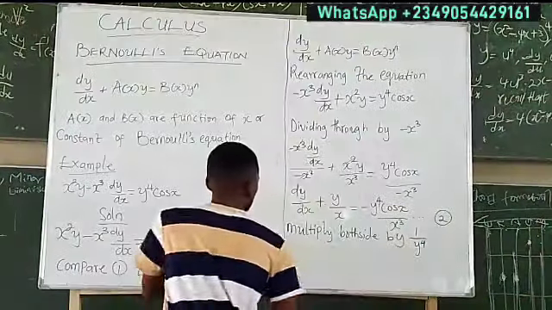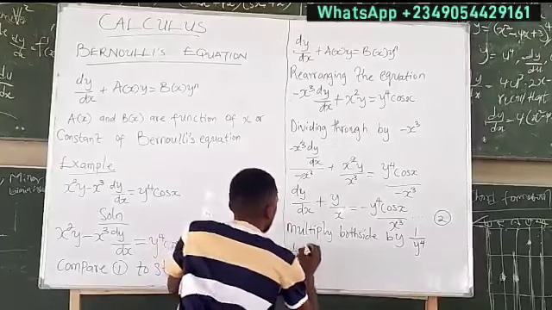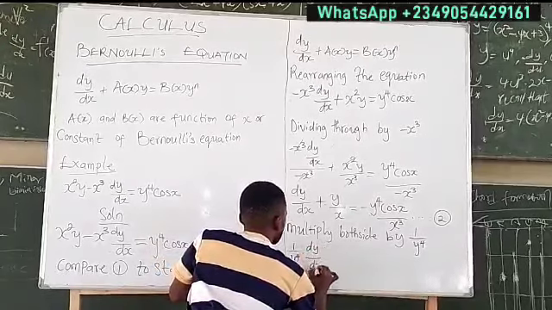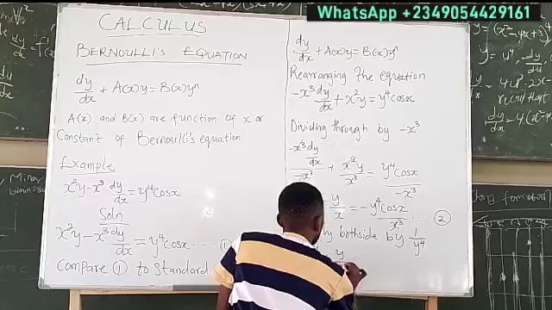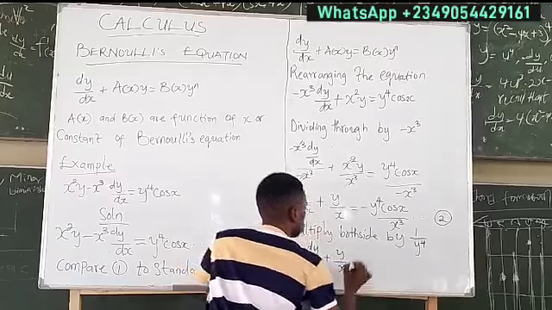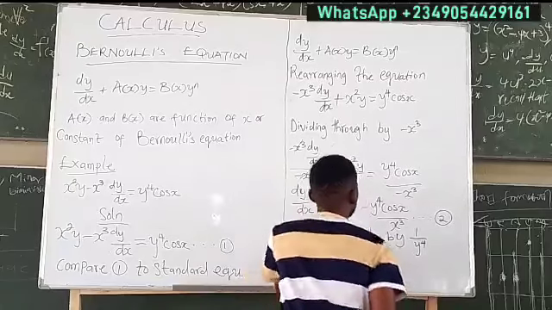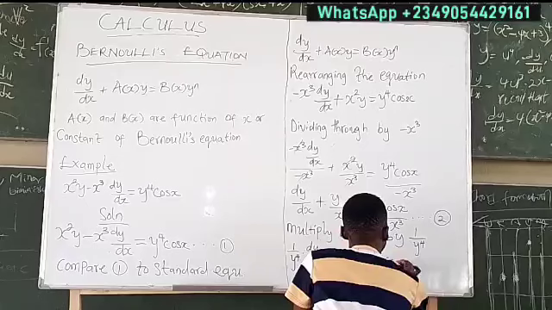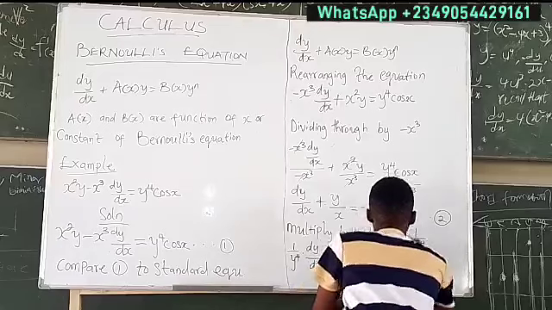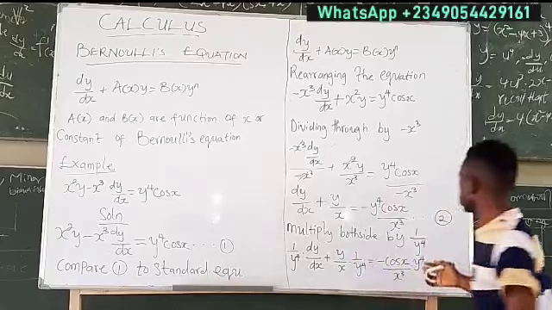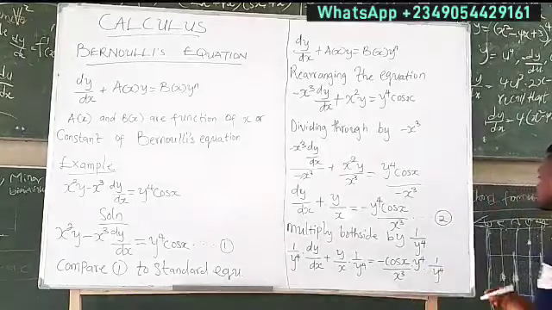Then we'll have 1 all over y^4 multiplied by dy/dx, also plus y all over x multiplied by 1 over y^4. Also, this becomes minus cos x all over x^3 times y^4, and we multiply this part by 1 all over y^4.